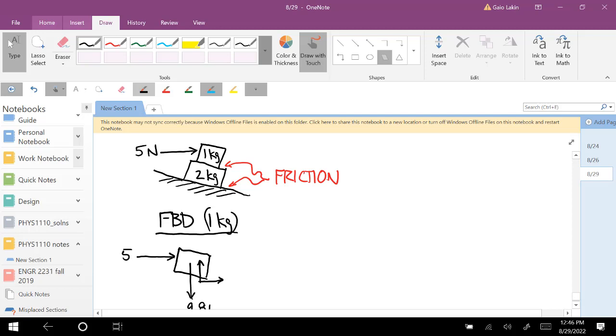So since that's a force vector with an unknown direction, I'm going to use that subscript naming convention. So I'm going to call this the force on the 1 by the 2. And then a free body diagram of the 2 kilogram.